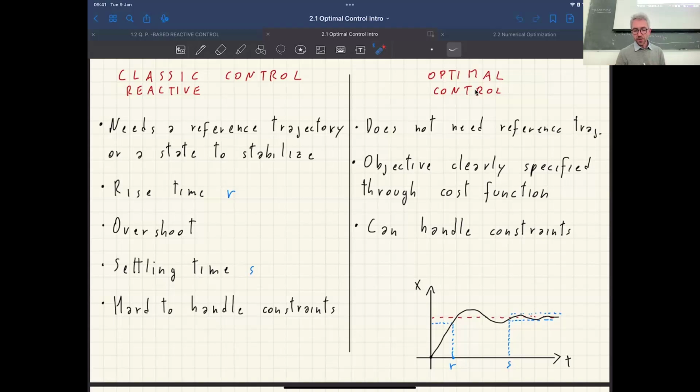And then enters optimal control. In optimal control, the situation is very different, because now we no longer need a reference trajectory in general. Of course, you can also work with a reference trajectory in optimal control. That's not forbidden, you can do it, but it's not strictly needed, contrary to reactive control. What you need instead is a cost function. You can specify any metric, any cost function that you want.